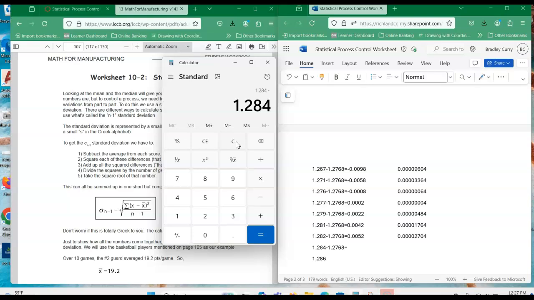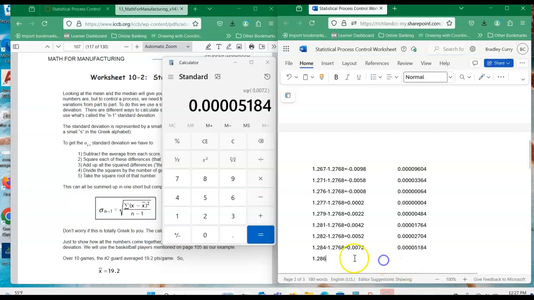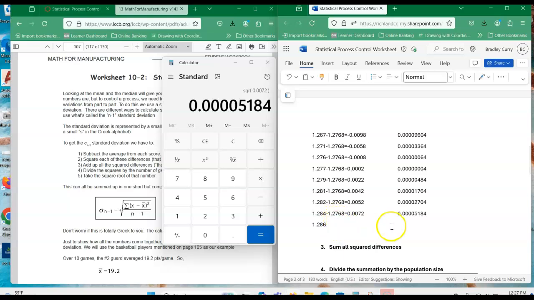1.284 minus 1.2768 equals 0.0072. And square this one. 0.00005184. And I think we are almost at our last one.